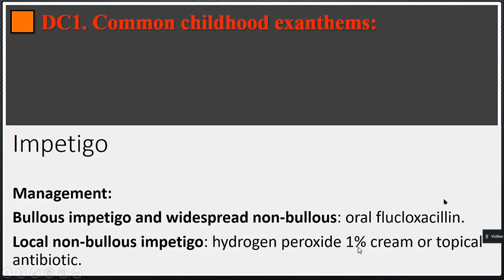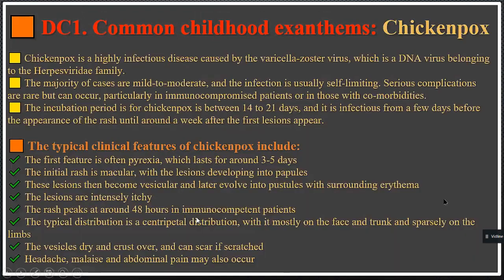Why here cream? Because it's local. You cannot use cream for all the body. Okay? So locally here, it's logical to use cream or topical antibiotic. But if bullous or widespread, so you can give oral, it means systemic here, because it's widespread.